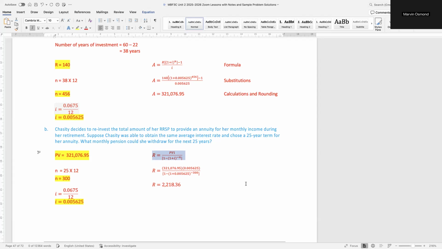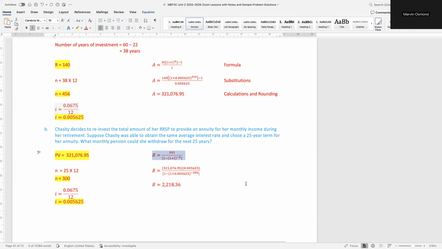I made a mistake somewhere. So I'm going to clear that. Let's go do it all again. So bracket 321,076.95 times 0.005625. That's the top part. I'm going to divide that by everything that's on the bottom.